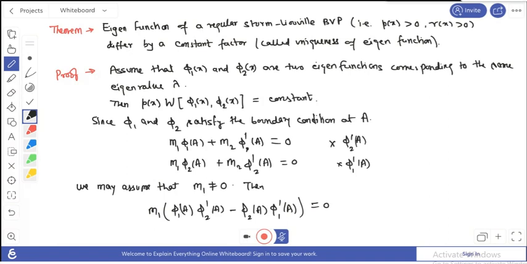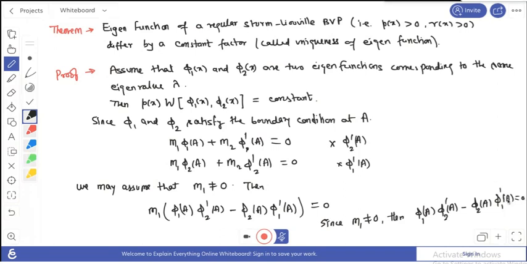Since m1 is non-zero, this part must be 0. So phi1(A) phi2 prime(A) minus phi2(A) phi1 prime(A) equals 0.